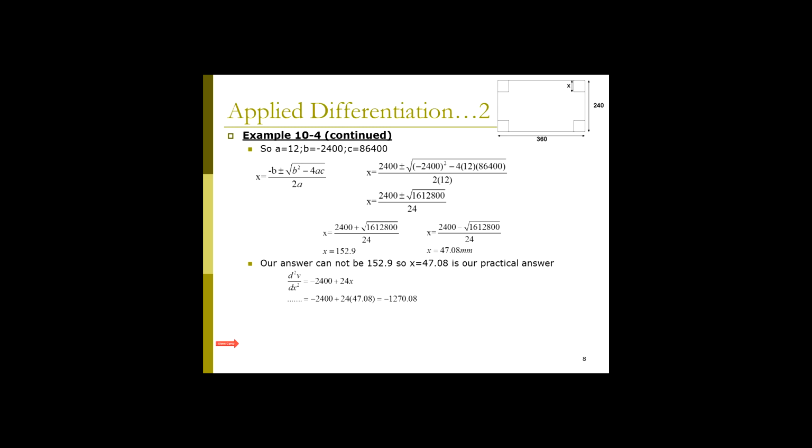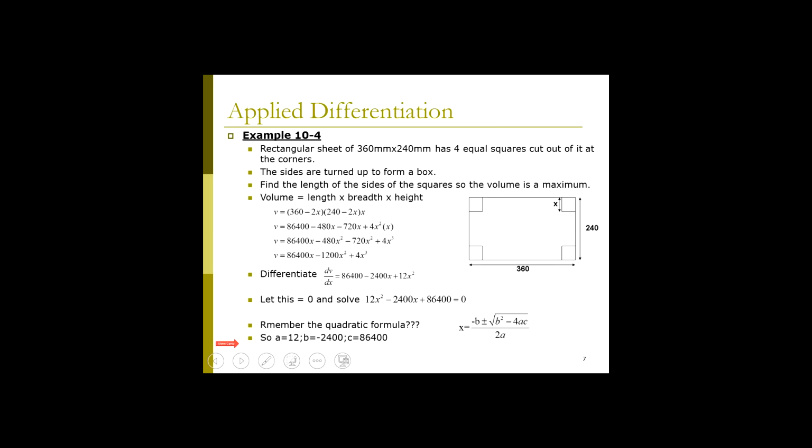Now, to find out if it's a maximum or minimum turning point, we differentiate a second time. So we differentiate the previous. If we just go back a few slides, just to remind you, we differentiate 86,400 minus 2400x plus 12x squared.